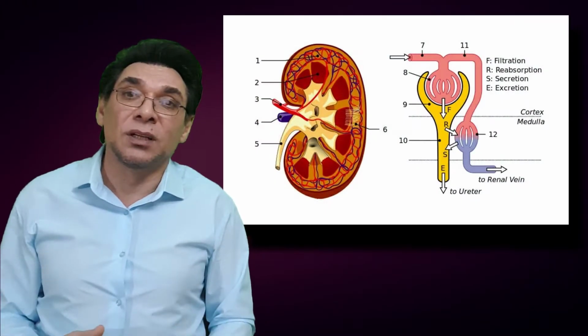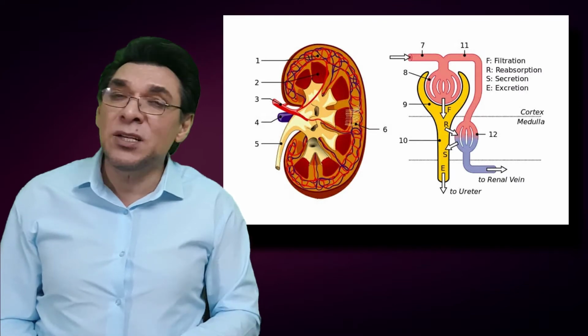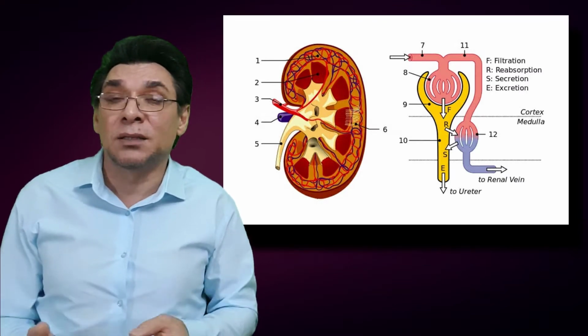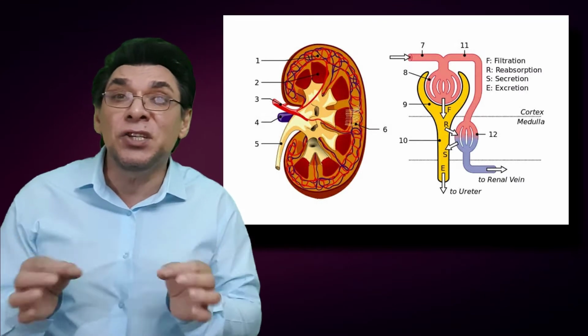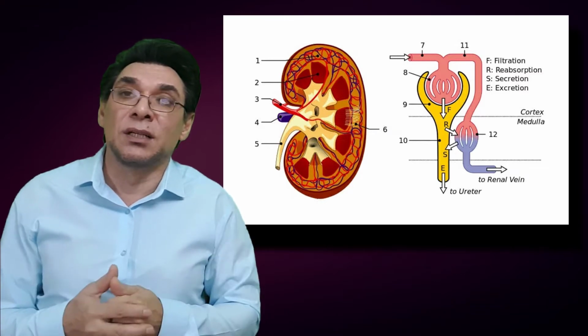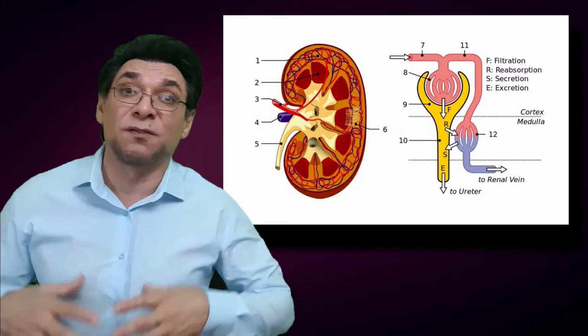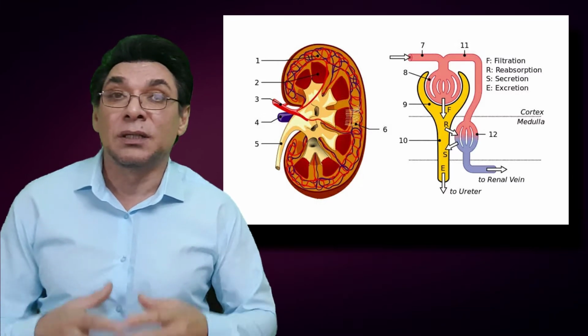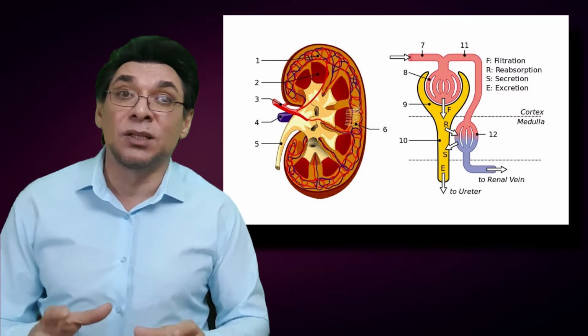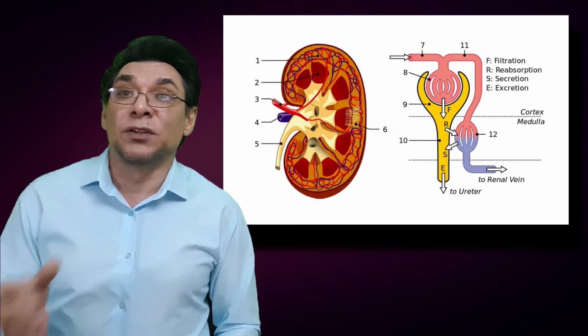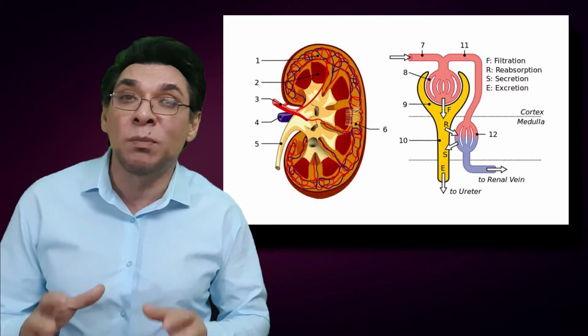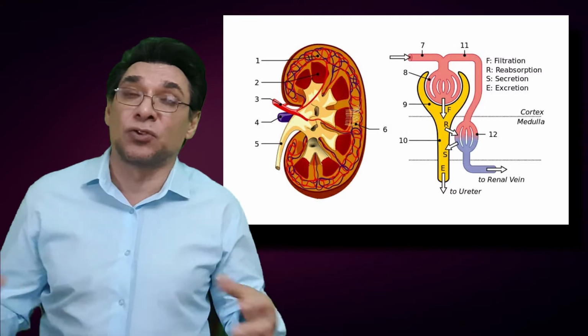So, filtration. An average of 21% of the blood pumped by the heart each minute flows through the kidneys. Of the total volume of blood plasma that flows through the glomerular capillaries, about 19% passes through the filtration membrane into the Bowman capsule to become filtrate.